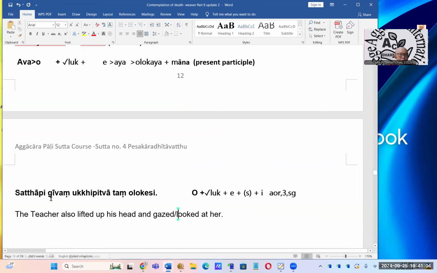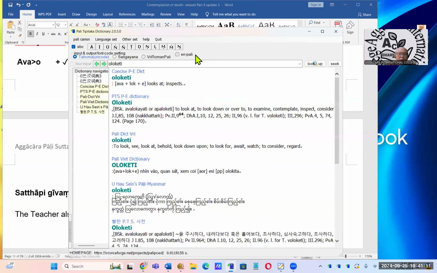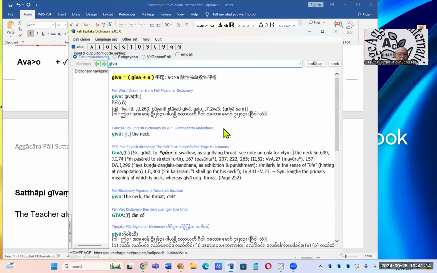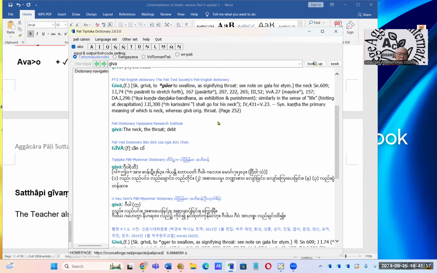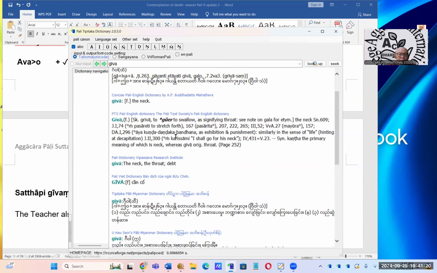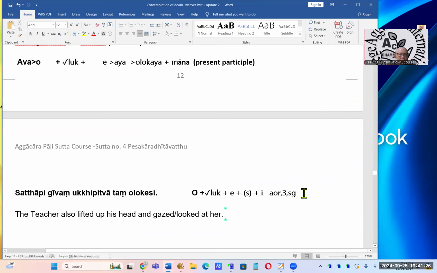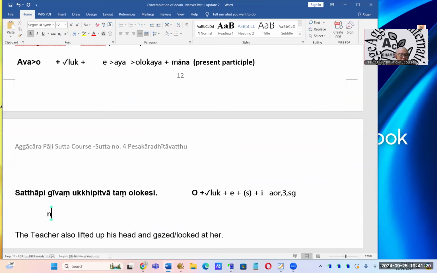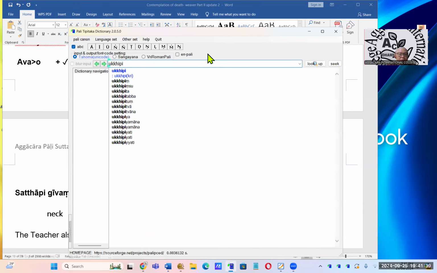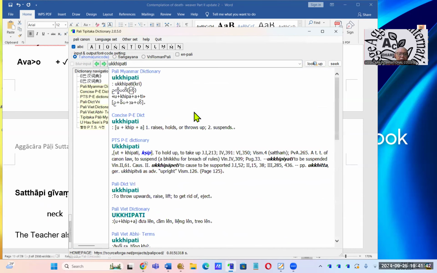Sata, teacher. Pi means also here. Givam. Givam here actually means, I think, a neck, alright? Sometimes throat. Here the direct translation will be neck, okay? Ukipati means lift out, raise, keep, hold, stick up, right?